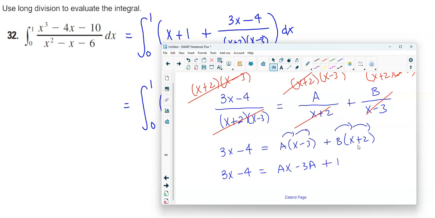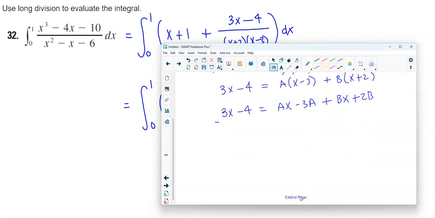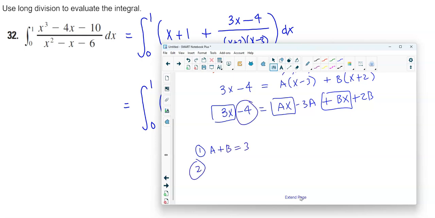Distribute the B: this is plus Bx plus 2B. And now let's write out the system of equations for the terms. For all the x terms, we have the following equations. We have A plus B, which is equal to 3. And then our second equation is going to be the constants. So we have minus 3A plus 2B equals negative 4.